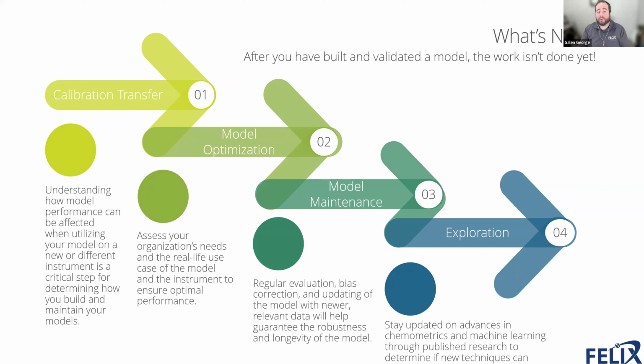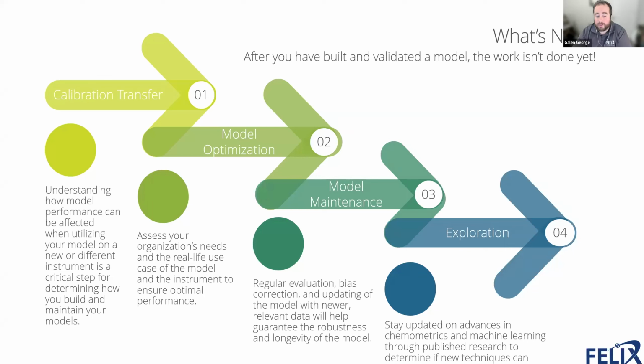So I want to talk about ways we can address this problem, ways that other researchers and people in the past are addressing it, and how we can minimize the effects of the calibration transfer issue.